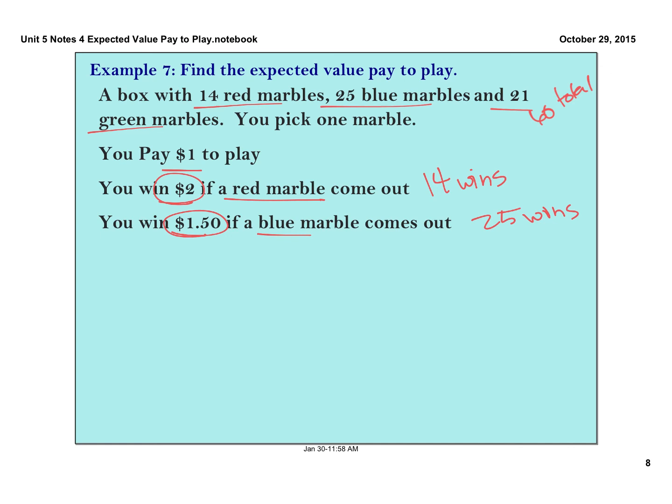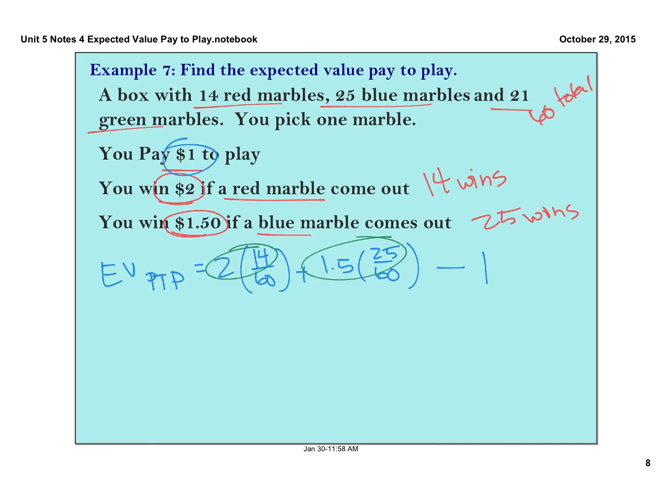So what's happening here? I've got an expected value of paying to play of $2 times 14 out of 60 plus $1.50 times 25 out of 60 minus your bet amount or your pay to play amount, which is $1.